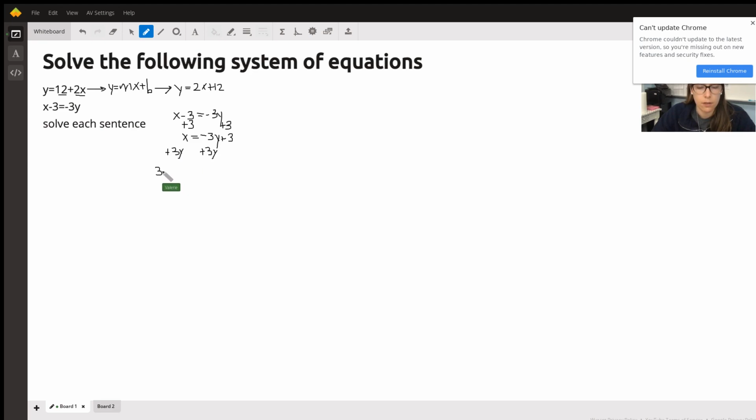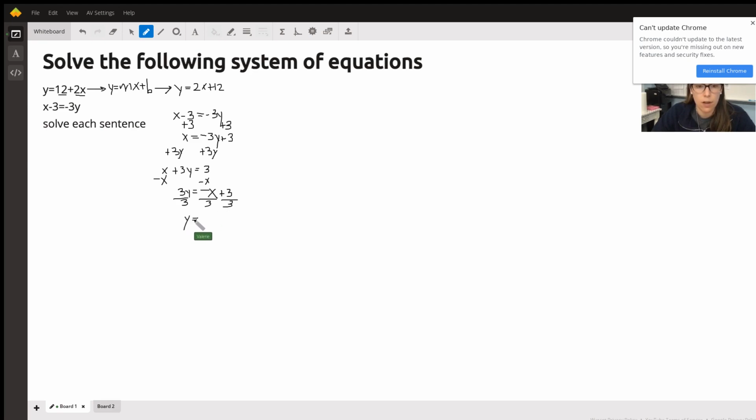Now I have x plus 3y equals 3. I need to get rid of this x on this side and move it over here. 3y equals negative x plus 3. And then my last step is to divide all of these by 3.